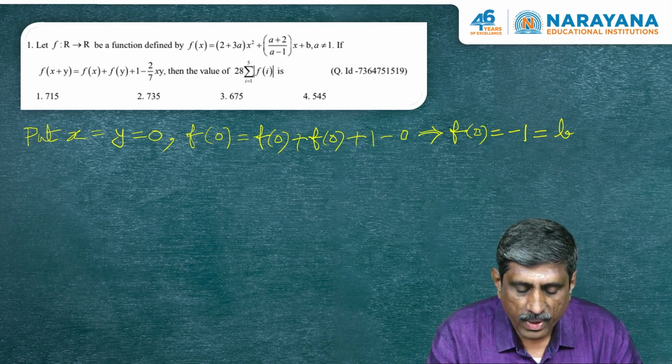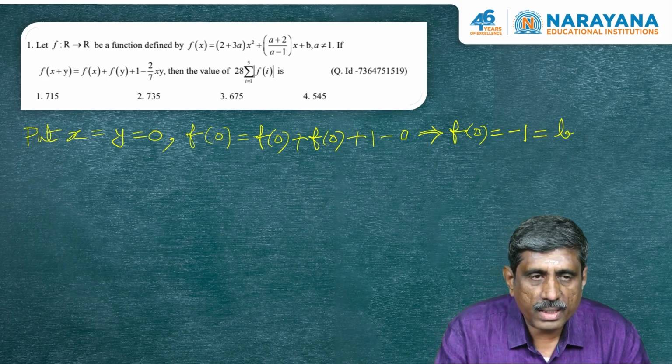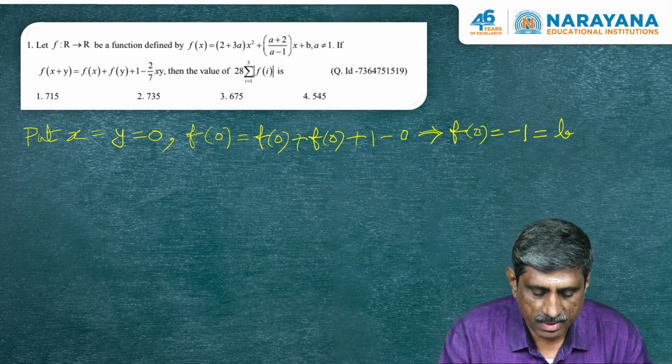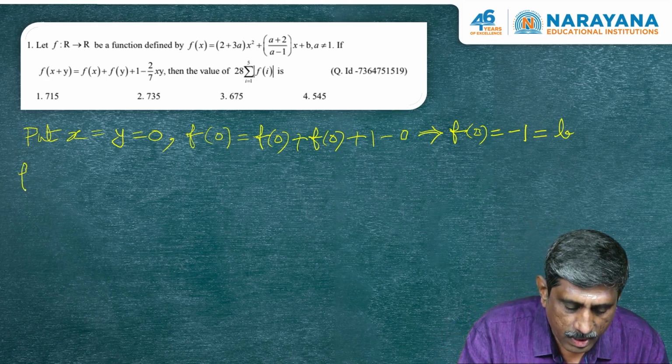Now, to find the value of a, I would like to go with our functional relations method. Let us find what is f dash of x.